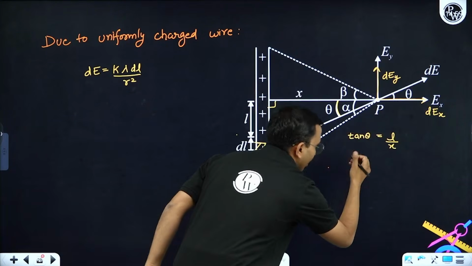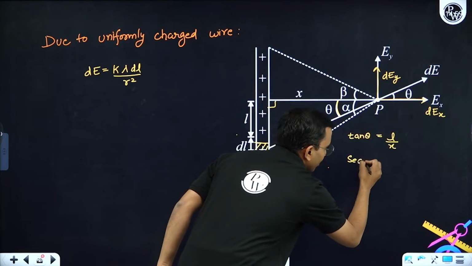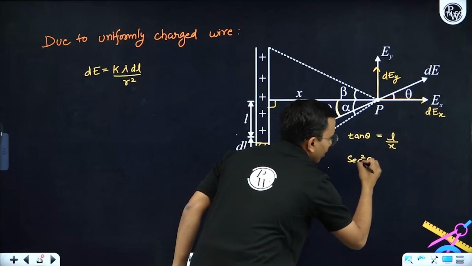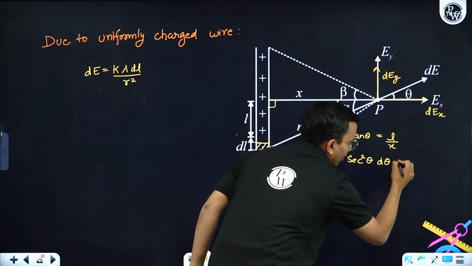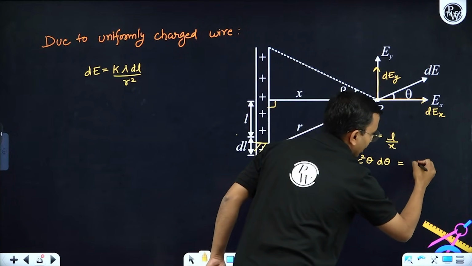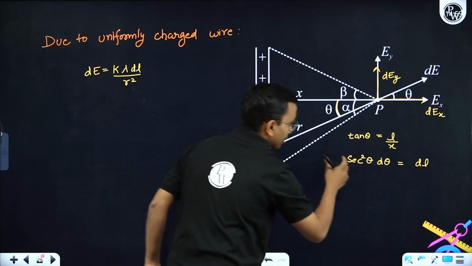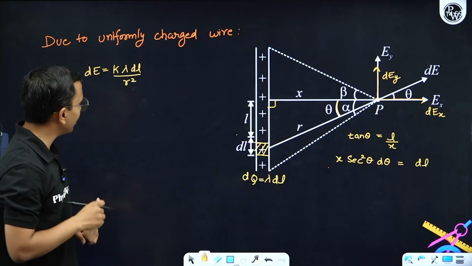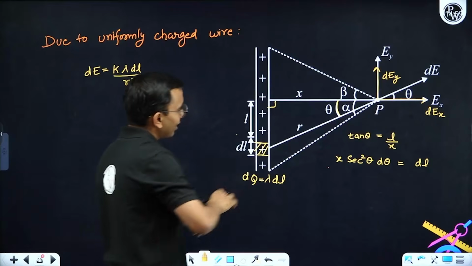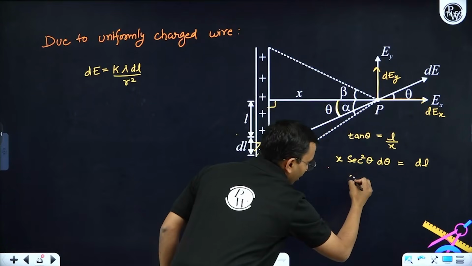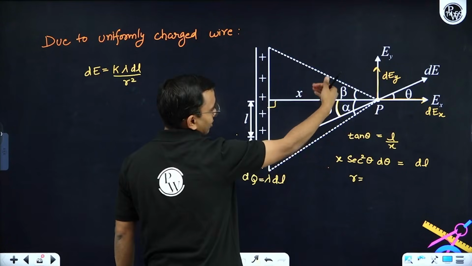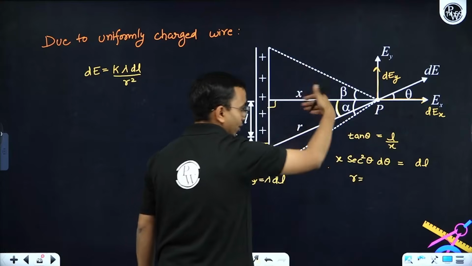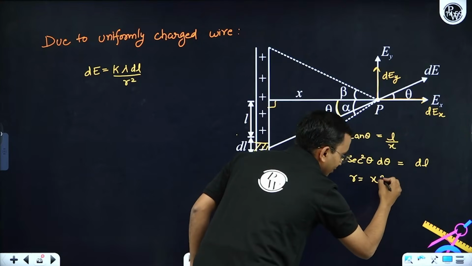If I differentiate both sides, it will become secant square theta d theta is equals to dl by x, and let me take x on this side. This is clear to us? And if I relate r, what is r? R is x by cos theta, so x secant theta.